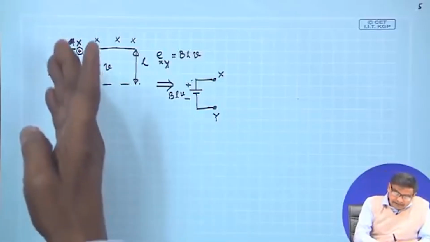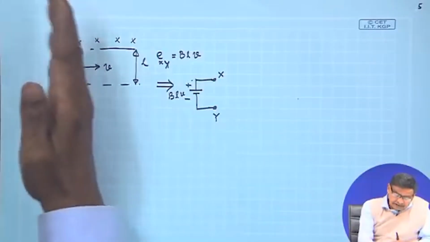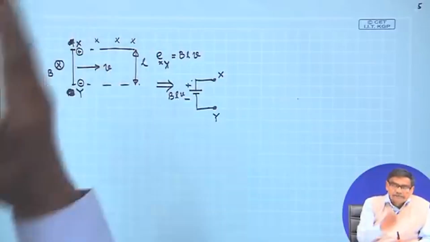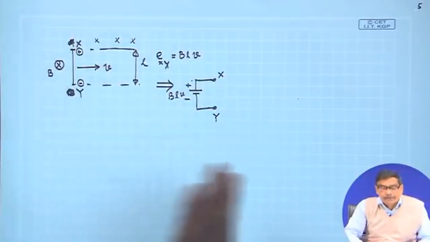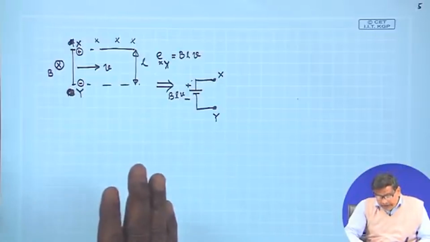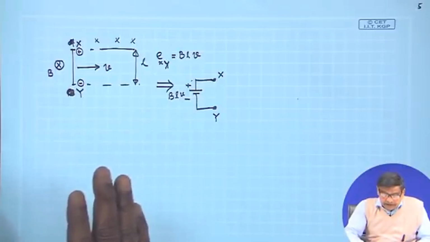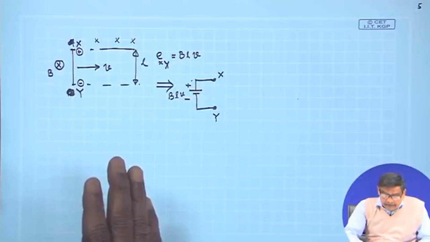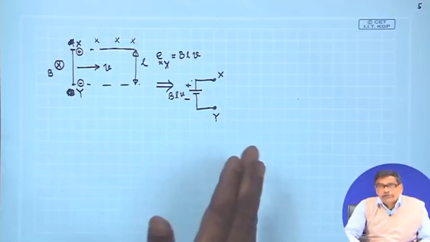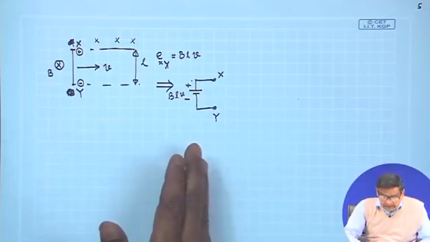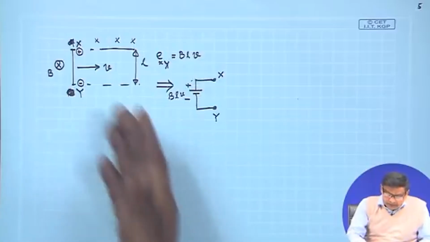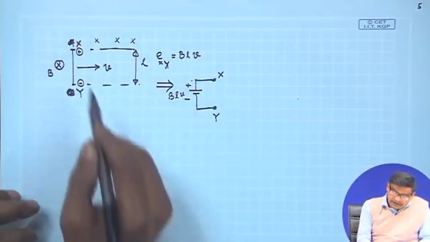For example, if this conductor is moved vertically in presence of this B, there is no voltage, because you must have a perpendicular component of B with respect to V. If it exists, then there will be some induced voltage across the points.